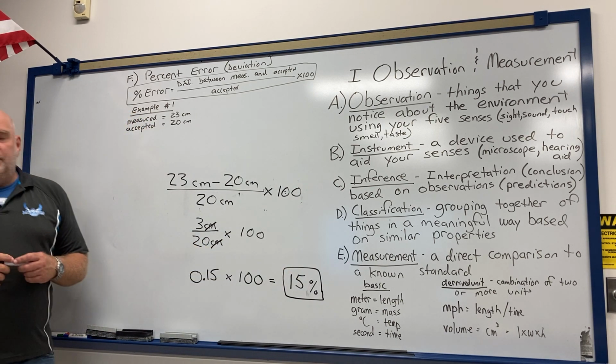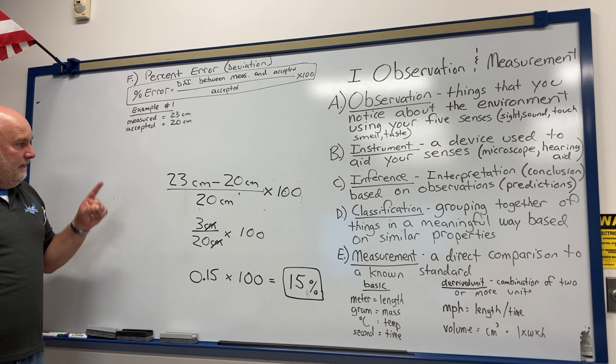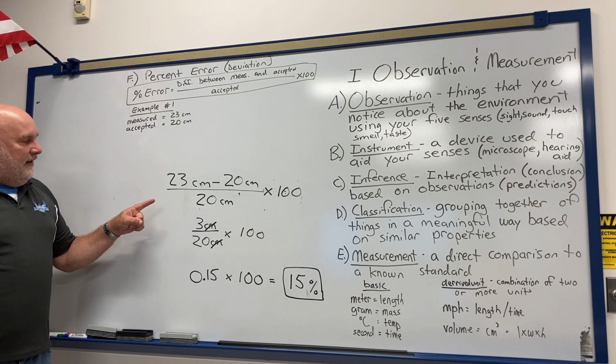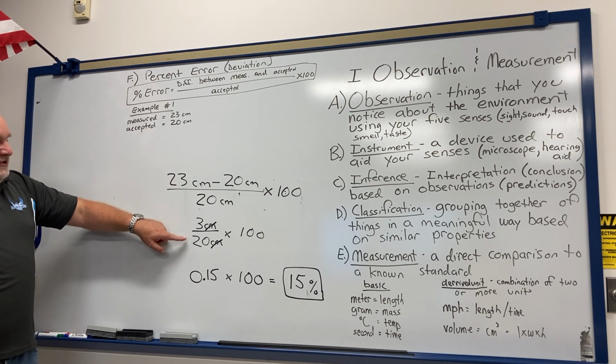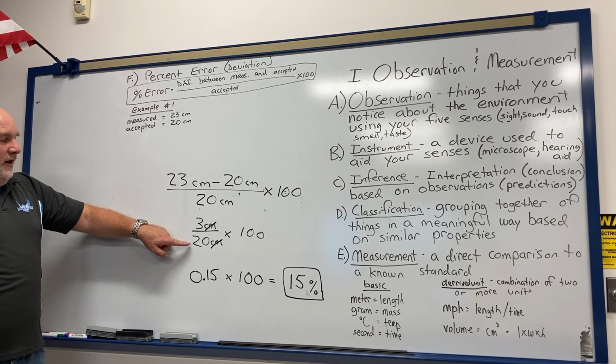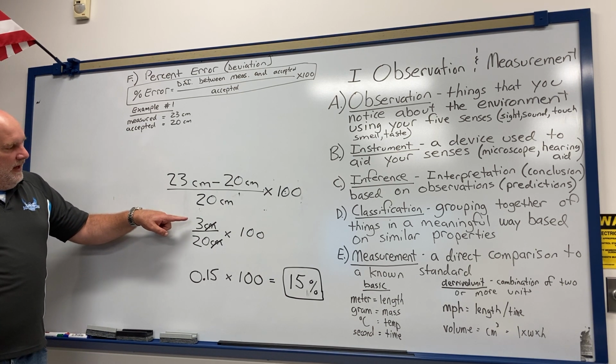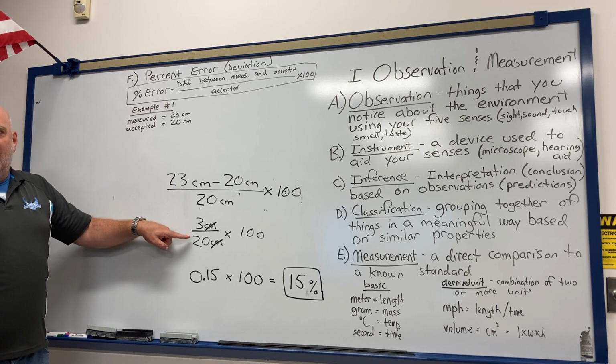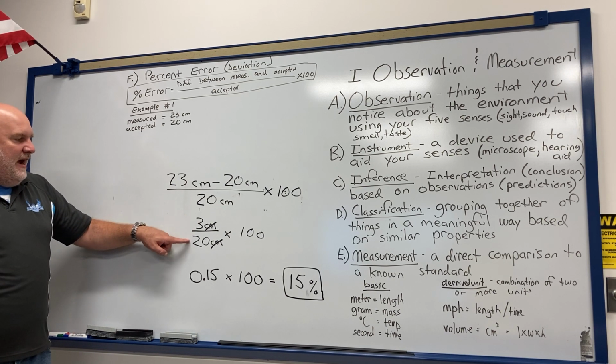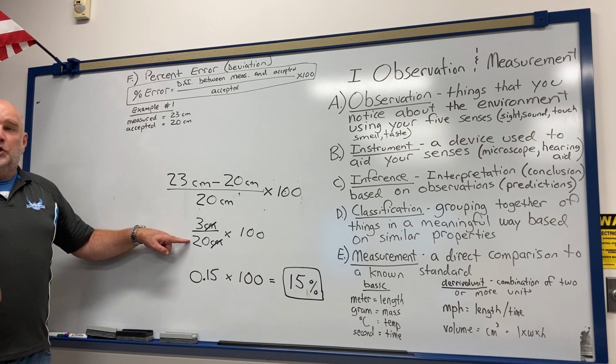Some common mistakes people make with these. Let's say when you got to this point here, 3 divided by 20, you always want to type in your calculator the top number divided by the bottom number. You're going to get a decimal, and that's okay.